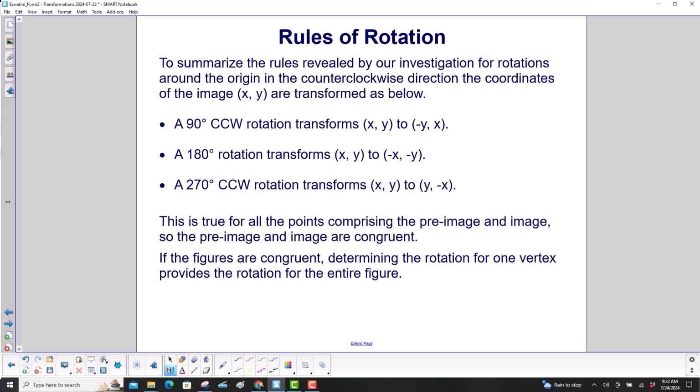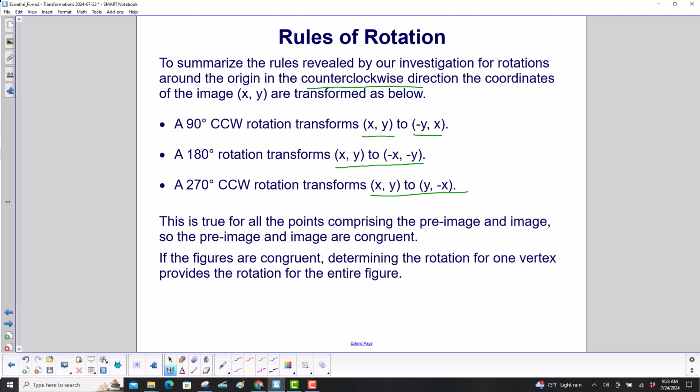To summarize the rules revealed by our investigation for rotations around the origin in the counterclockwise direction, the coordinates of the image are transformed as below. A 90-degree counterclockwise rotation transforms (x, y) to (negative y, x). A 180-degree rotation transforms (x, y) to (negative x, negative y), and a 270-degree counterclockwise rotation transforms (x, y) to (y, negative x).